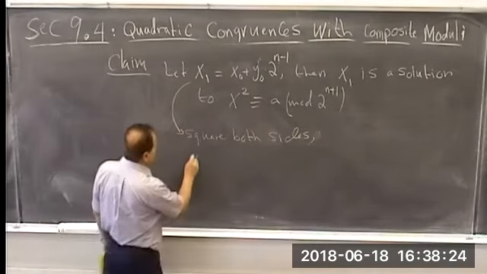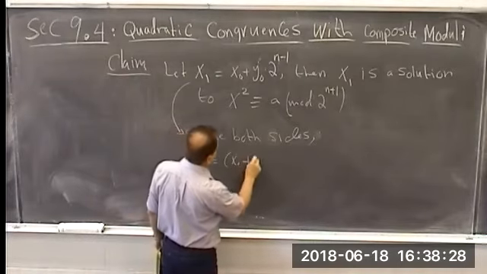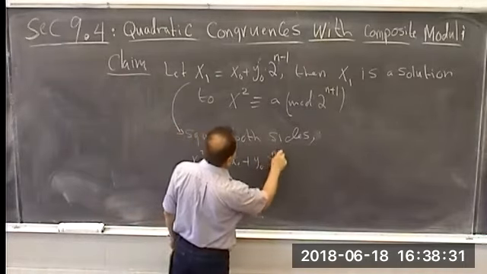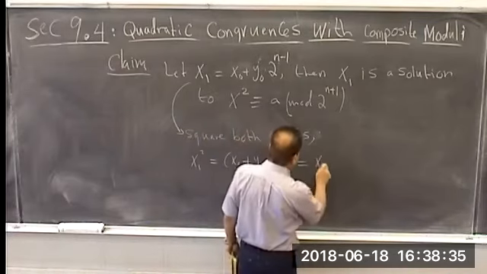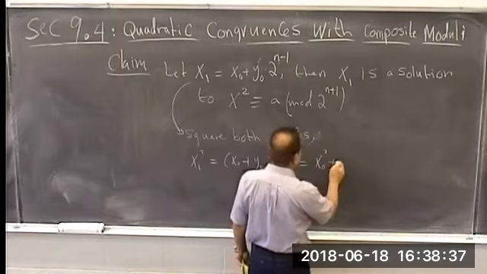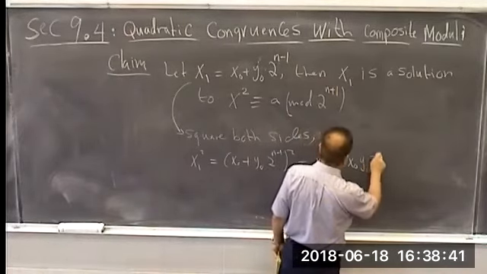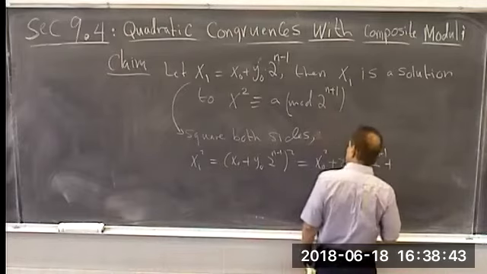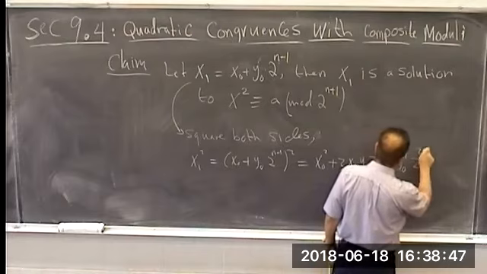This becomes x1 squared equals x sub 0 plus y sub 0 2 to the n minus 1, squared. This is equal to x0 squared plus 2 x sub 0 y sub 0 2 to the n minus 1 plus y sub 0 squared 2 to the 2n minus 2.